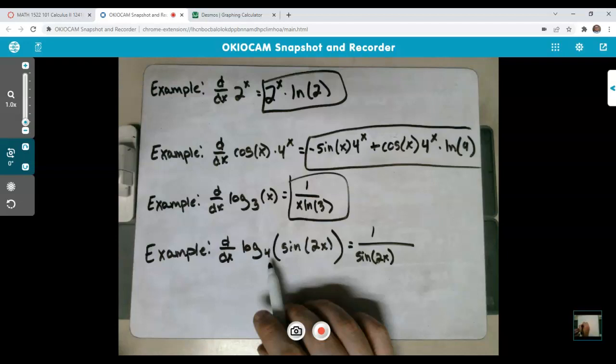But since this is log of a bunch of stuff, I've got to use the chain rule and find the derivative of the stuff. Okay, so the derivative of sine is cosine, so cosine of 2x. But again, this is sine of some stuff, and so now I've got to do that stuff. The derivative of 2x is 2. So multiply that by 2.